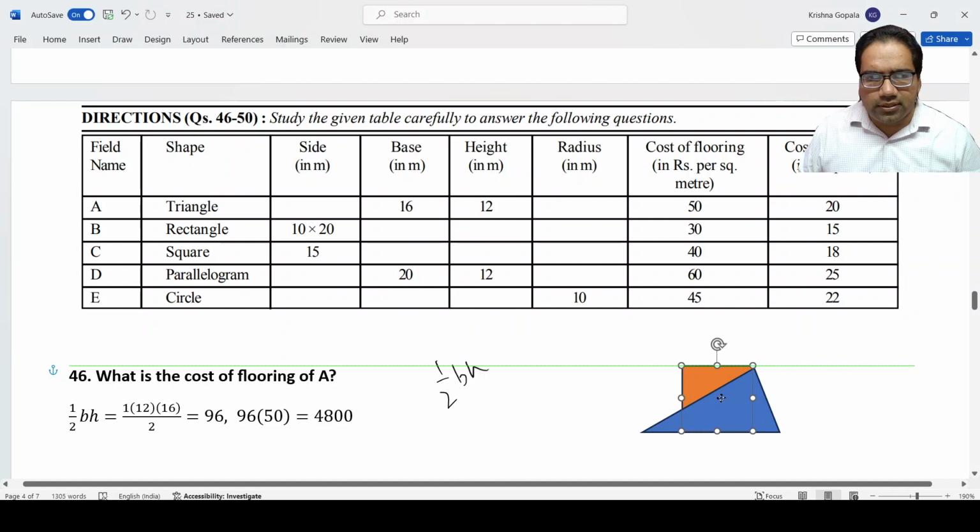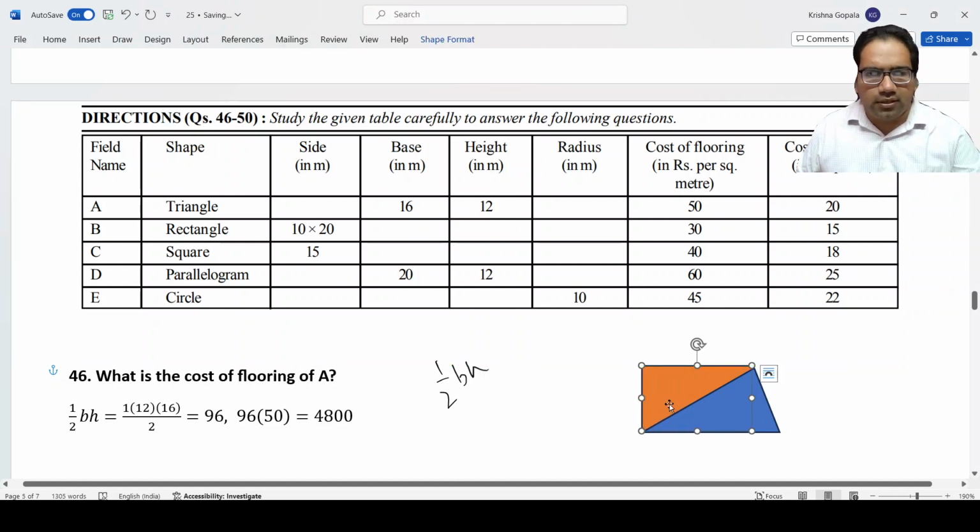Let's say this is one rectangle like this. Okay. And let's take another rectangle, which is like this.